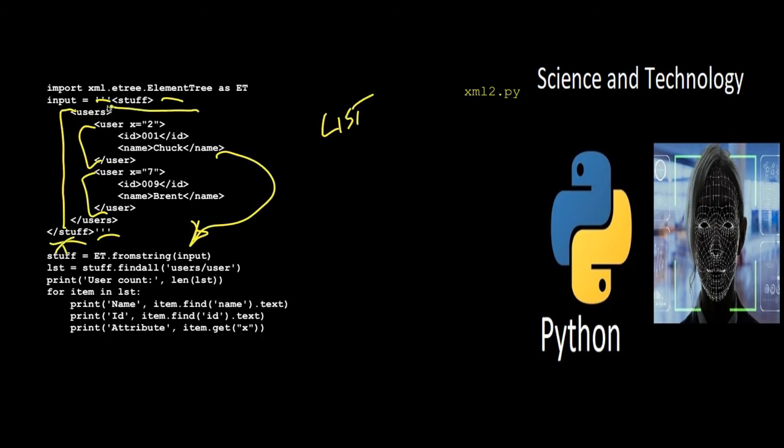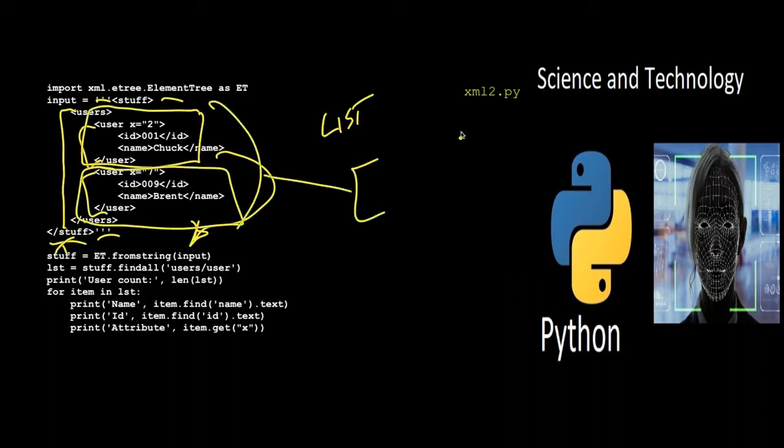So that's going to give me a list of two tags. Now I can print out how many I get. That'll be 2 in this case because I got 2 tags.